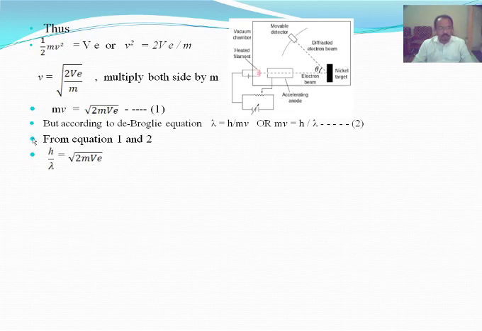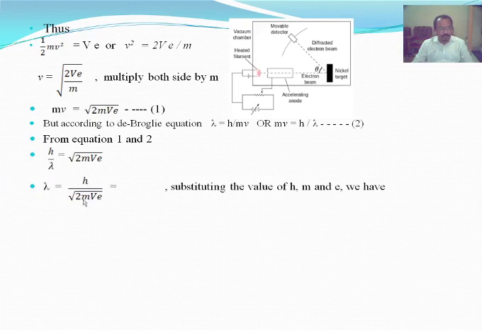Now rearrange this equation. Lambda is equal to h upon under root 2mVe, or square root of h square upon 2mVe.